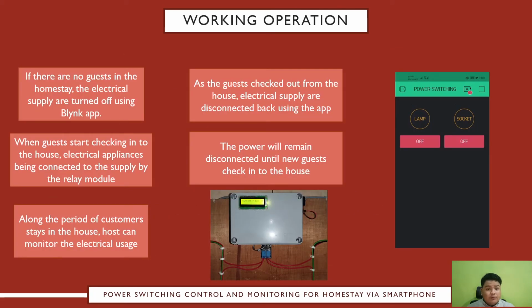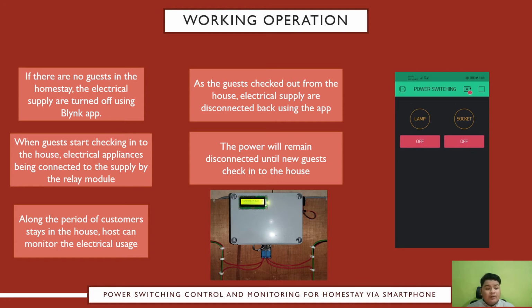So the working operation for this project is, if there are no guests checking into the house, the host can turn off the electrical supply of the house using the Blynk app, and whenever guests start checking into the house, electrical appliances can be reconnected, also using the Blynk app interface shown in the slide.